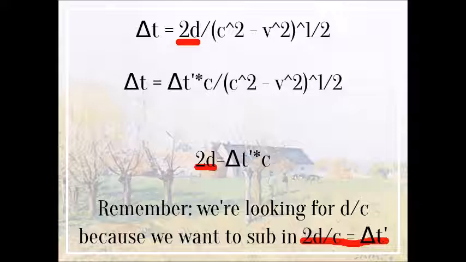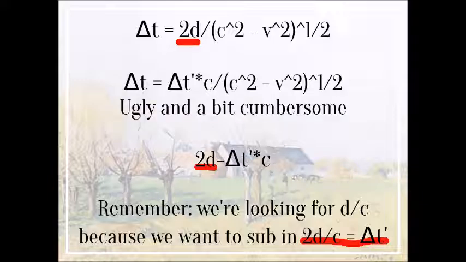Well, that's great, but it looks a tad bit ugly and it's a bit cumbersome to derive any intuitive feel for the equation. There's a c in the numerator and there's a c in the denominator, so it's a little bit hard to tell what really happens when we push the v up towards the speed of light.